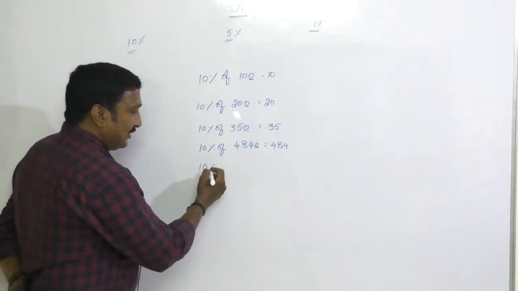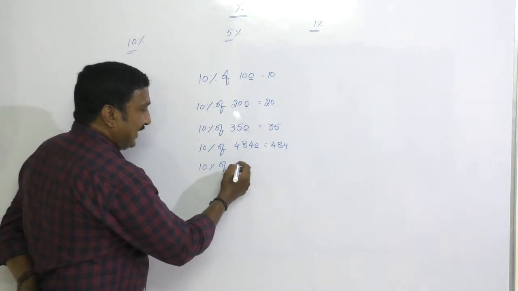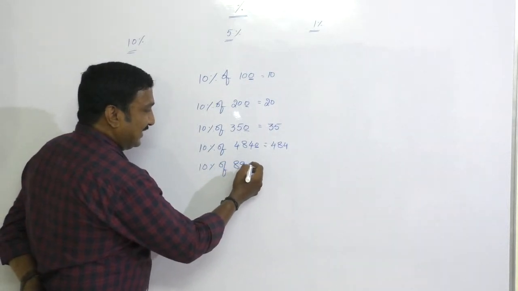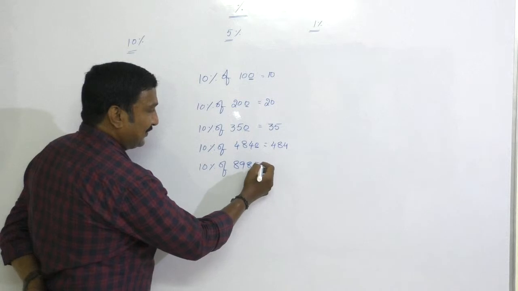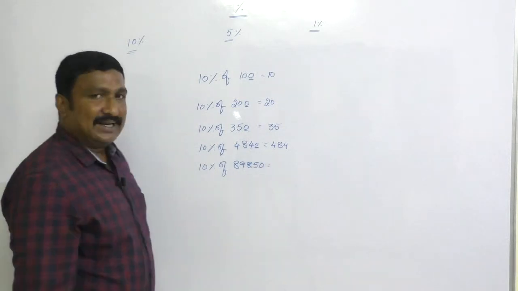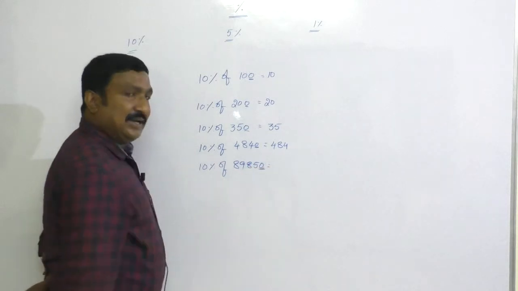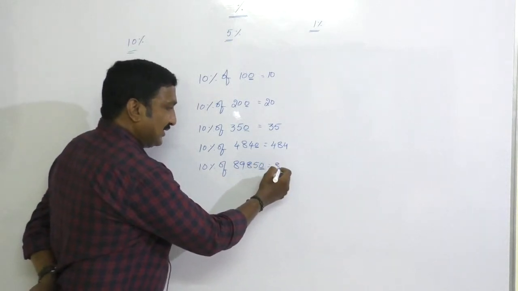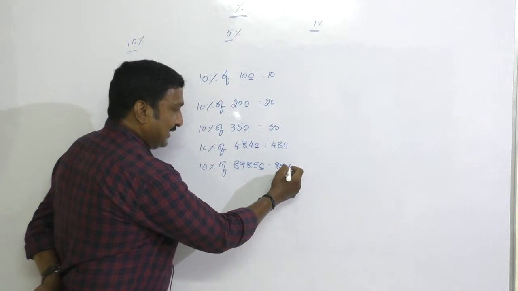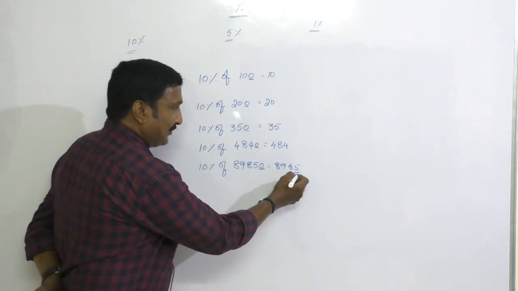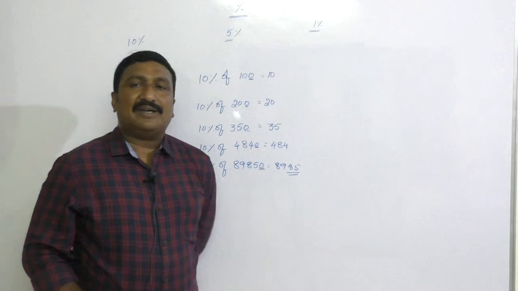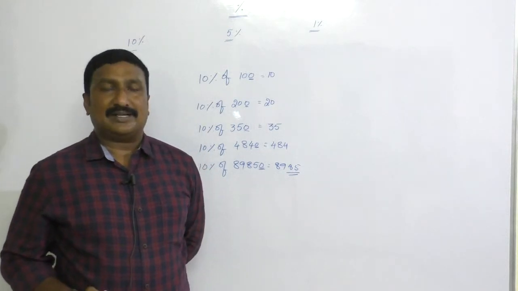Similarly, 10% of 89,850: eliminate the last place, so the remaining answer is 8985. Always, 10% means you eliminate the last digit.